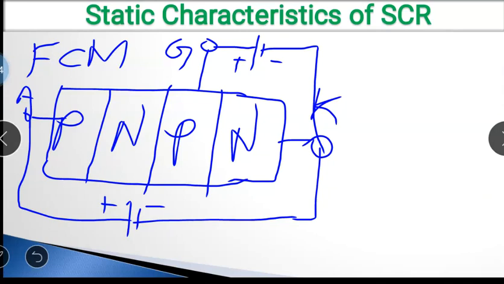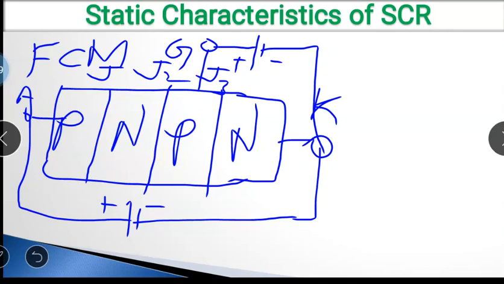You can see the junctions J1, J2 and J3. What will happen if we arrange such a circuit? Previously we saw that junctions J1 and J3 are forward biased and J2 is reverse biased.